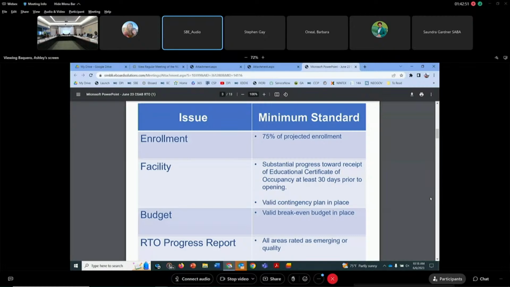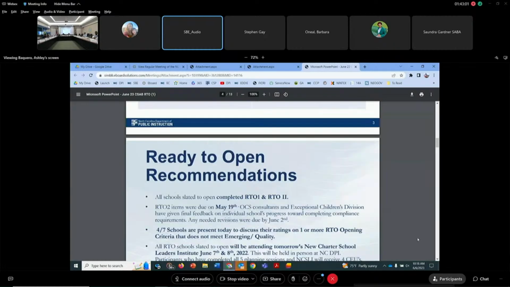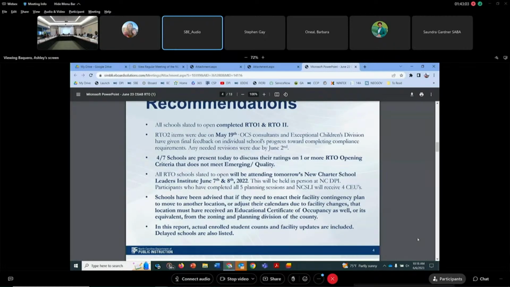So, all these schools that are 7 of the RTO schools completed RTO 1 and 2 of the planning year.